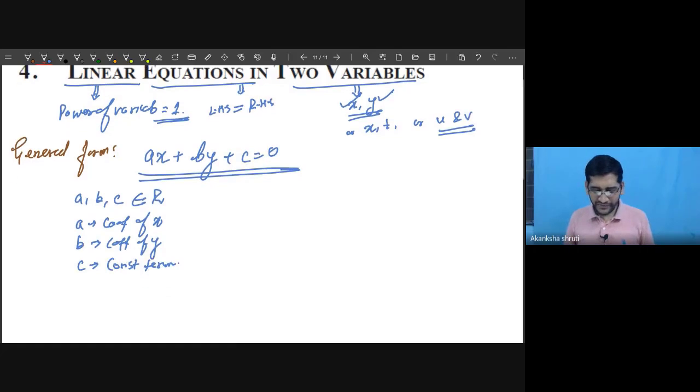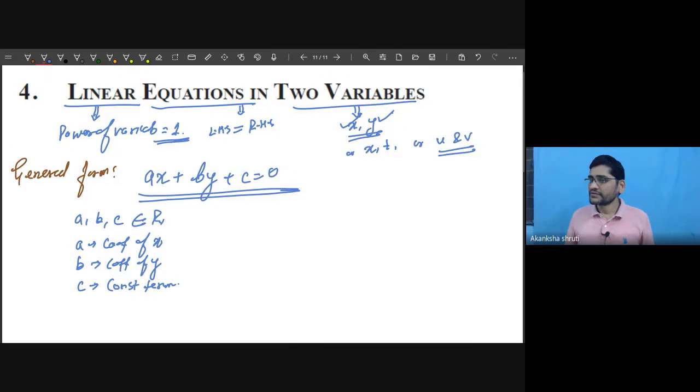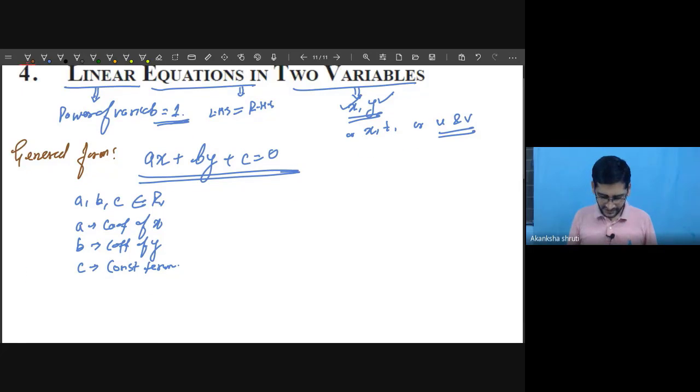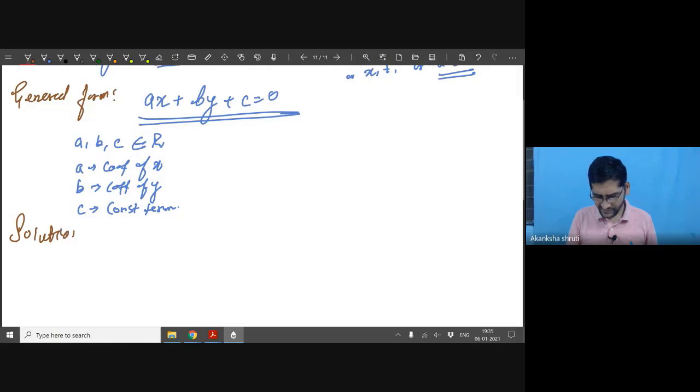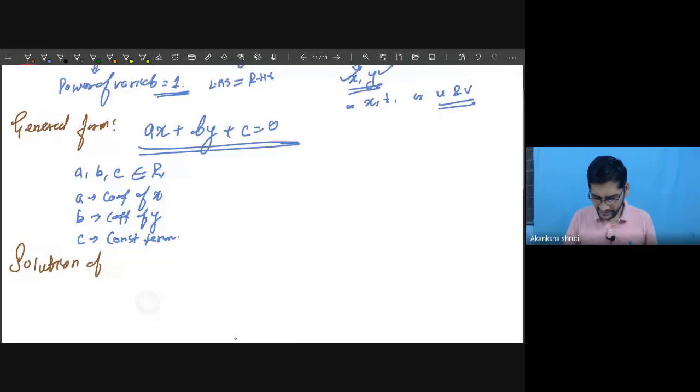Now, students, based on this, we can find the zeros of this linear equation in two variables also. But those zeros are called here the solution. So we are using the term solution for the value of the variable. So write down: solution of linear equation in two variables.